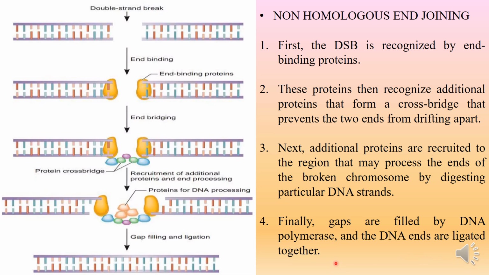So this is about the steps in which non-homologous end joining repair takes place, and there are four steps. First is recognition, second is alignment of proteins, third is processing of the DNA, and fourth is gap filling by DNA polymerase and sealing by DNA ligase.